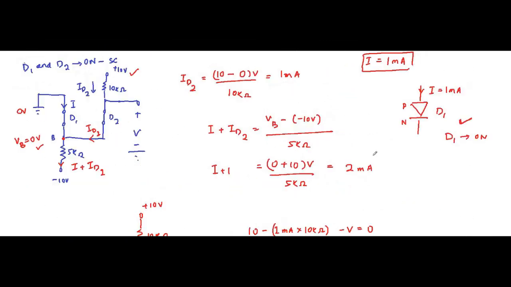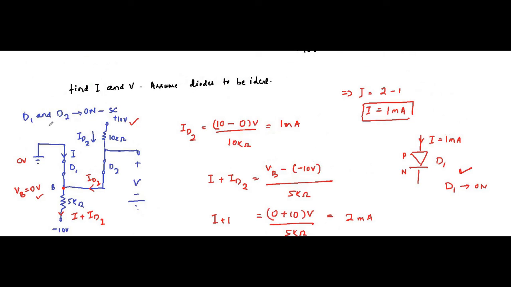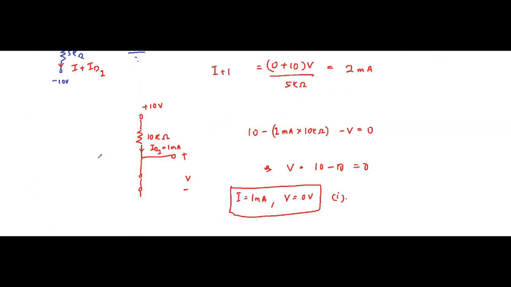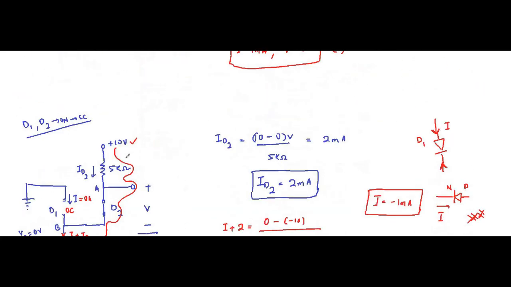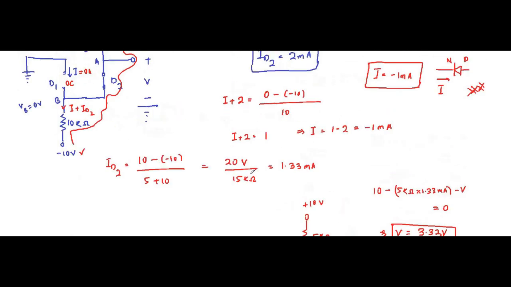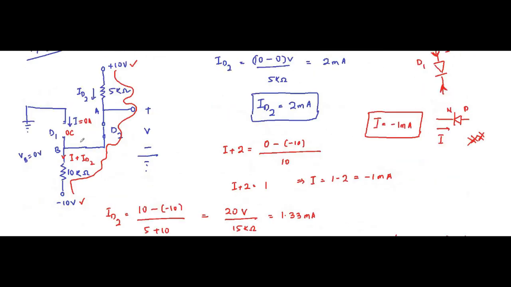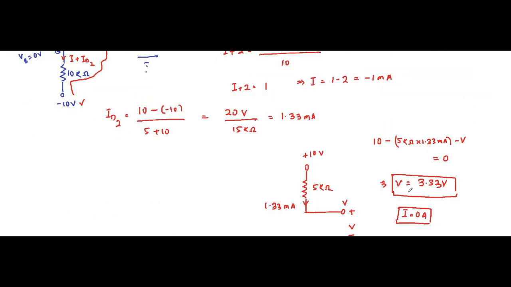So we changed our assumption. We took that D1 was off and D2 was on, and proceeded that way, and we calculated that I is equal to 0 ampere because it was open circuited. That was straightforward, and then we put the KVL in this direction to get the value of V. So always take the help of calculated assumptions.